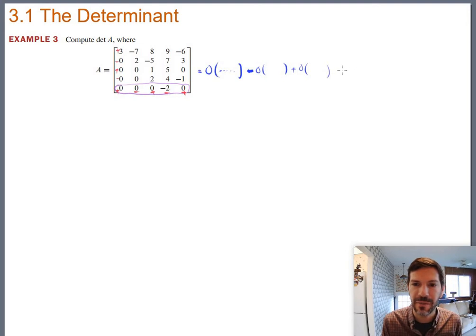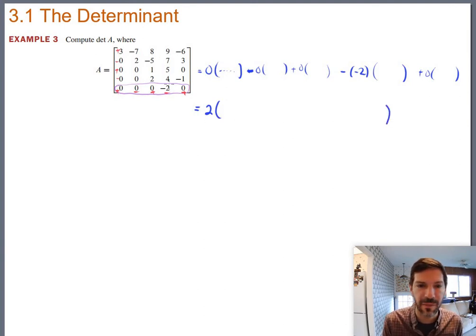But really the only term that matters to us is going to be minus -2 times some stuff, and then finally you'll get a plus 0 times some stuff. So let me reset down here and just skip straight to saying plus 2 times.